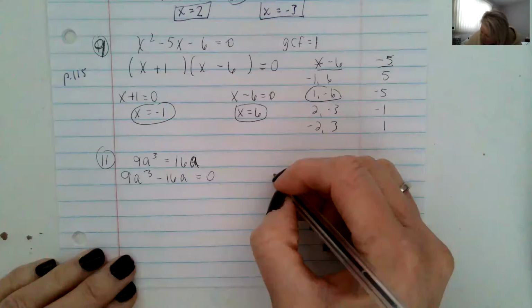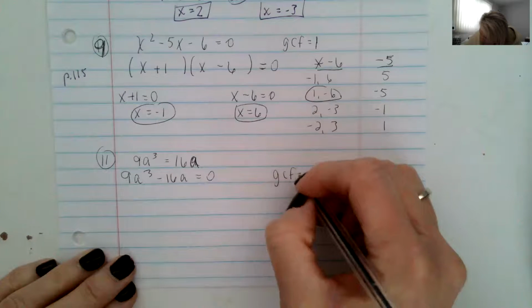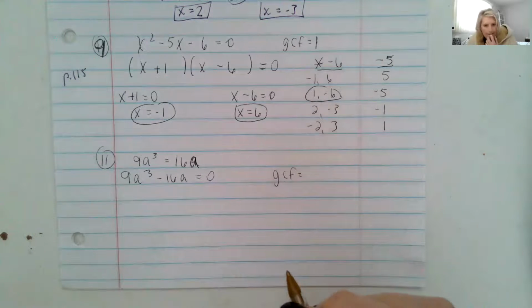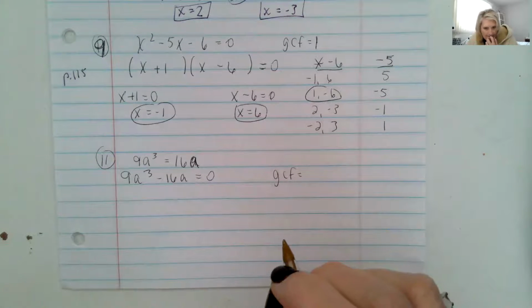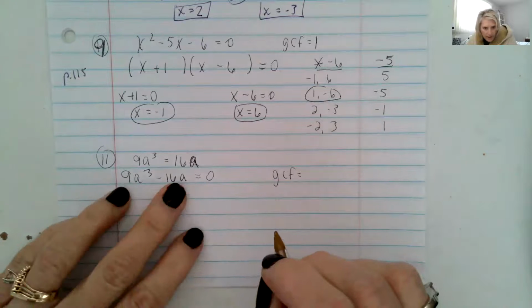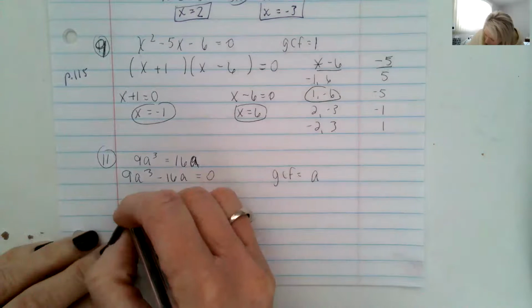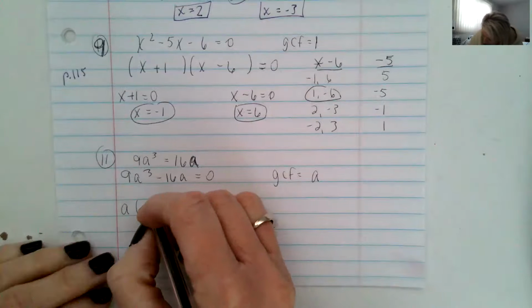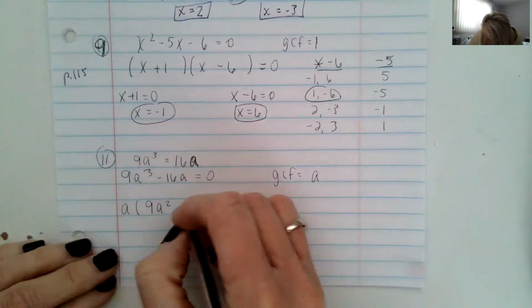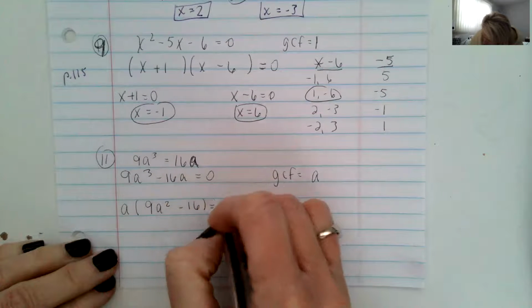Now I'm going to find my greatest common factor. 9 and 16 don't have anything in common, but we can factor out an a. We have 9a squared minus 16 equals 0.